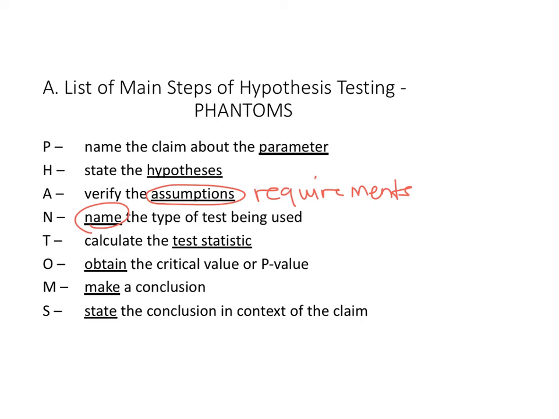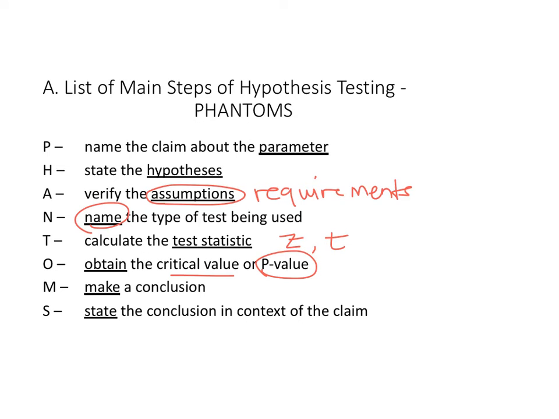That's going to come into play as we continue in the chapter, because we're going to have multiple types of tests. We're going to do ones for a mean or a proportion. We're going to get a test statistic, which is just going to be our z-score or our t-score. Then we're going to learn how to get either a critical value, which we've learned kind of how to do, but not for tests, or a p-value, which is the probability of something happening based off of our sample results.